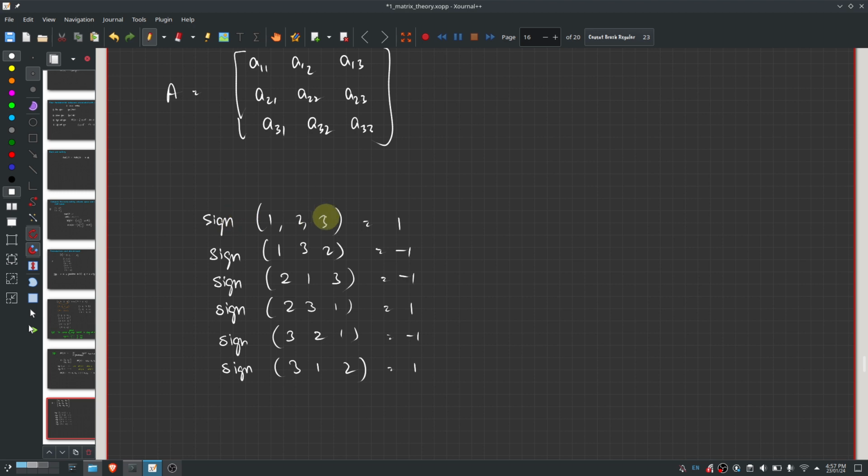Right? And each of these corresponds to a product of certain terms. We'll see each of those. So let me plug it into the expression. The determinant of A would be equal to, what is the first permutation?